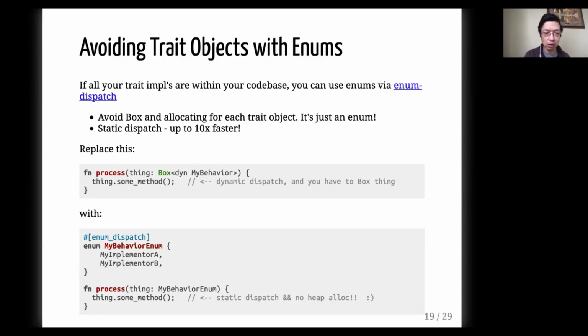So basically, you can change the signature here to process a MyBehavior enum, and you can still call my method on it, on all the variants that pass in. This is a tremendous performance boost, and it reduces the allocations too. So this is really, really great. I love it, and I use it in one crate of mine.